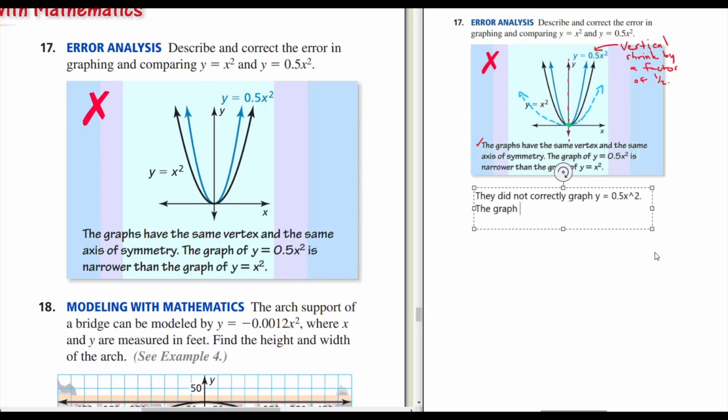The graph's y-coordinates should have been only 1/2 the height of the graph of y equals x squared.